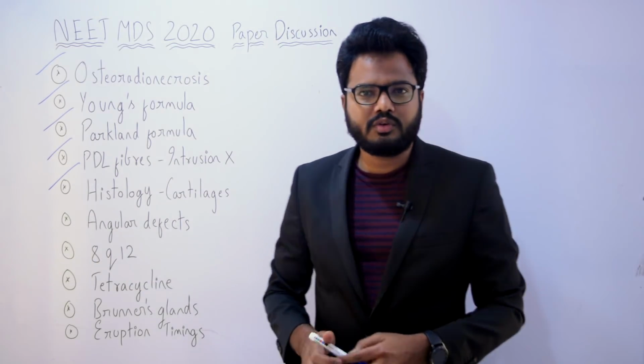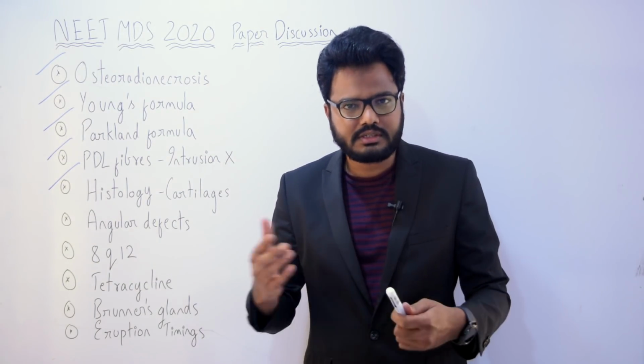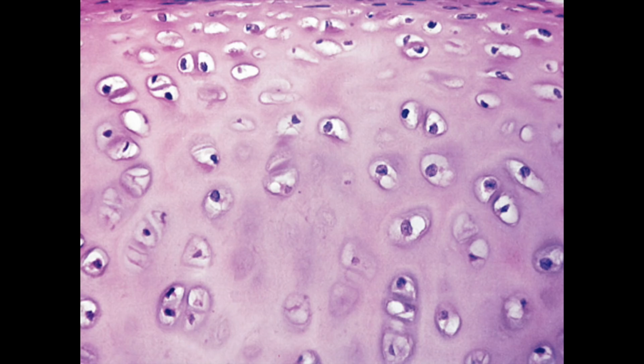Histology of cartilages. There were several histologic images of various cartilages. As you can see, we'll start with hyaline cartilage. It is called hyaline because of its glassy-like appearance; hyalos in Greek means glassy. It looks slightly basophilic overall in H&E sections, as you can see, and you can find chondrocytes in their lacunae.